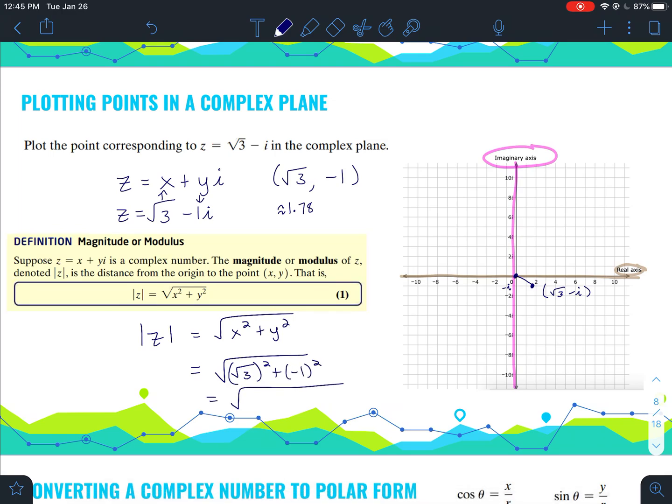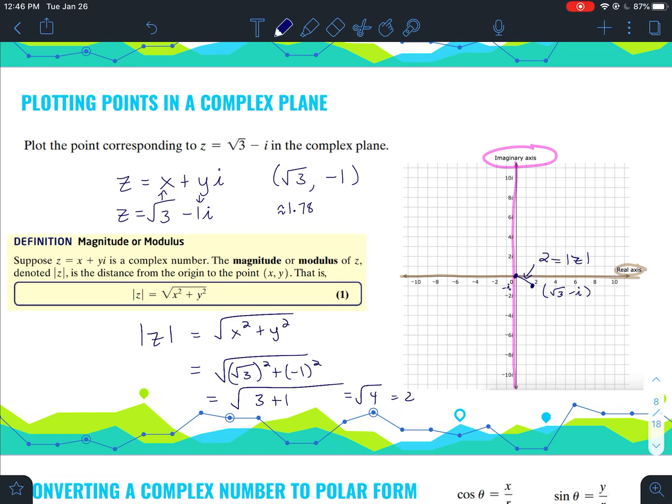And so this is going to be 3 plus 1, or the square root of 4, which is 2. So the length of that little segment is going to be 2. Or the magnitude of z is going to be 2, because that is its distance from the origin. And we can call that the modulus, or the magnitude of z, or the complex number, square root of 3 minus 1i.